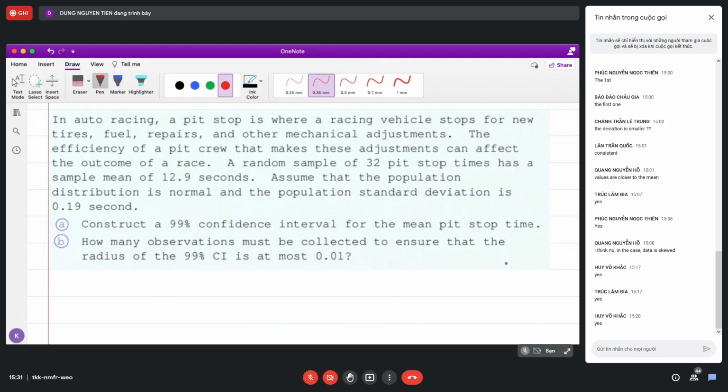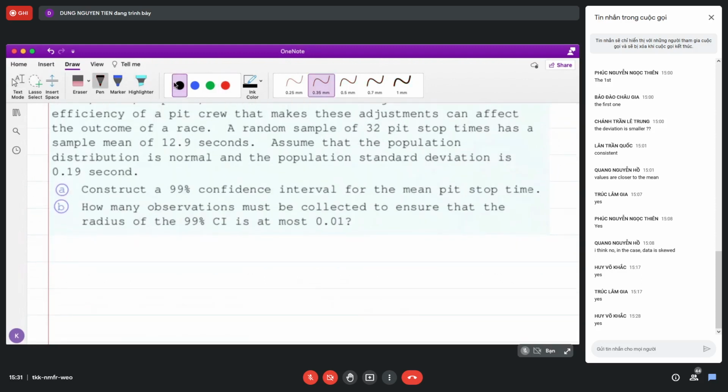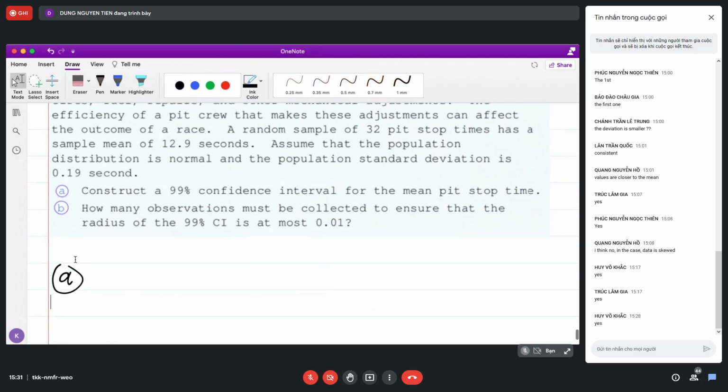The efficiency of a pit crew that makes these judgments can affect the outcome of a race. A random sample of 32 pit stop times has a sample mean of 12.9 seconds. Assume that the population distribution is normal and the population standard deviation is 0.19 second. Construct a 99% confidence interval for the mean pit stop time. And then how many observations must be collected to ensure that the radius of the 99% confidence interval is at most 0.01? So if you want to solve the problem here, you may want to understand all these numbers.